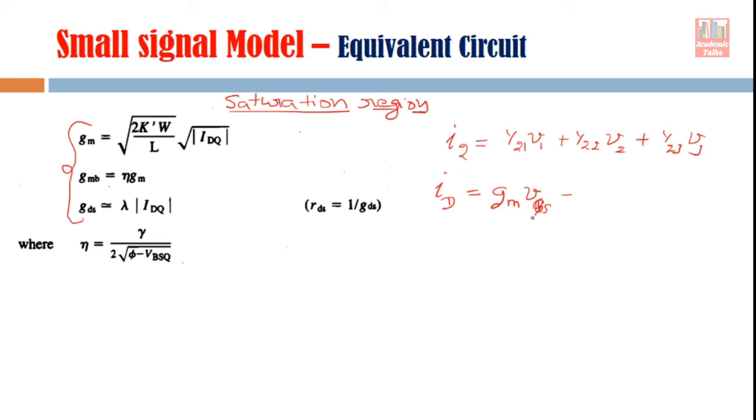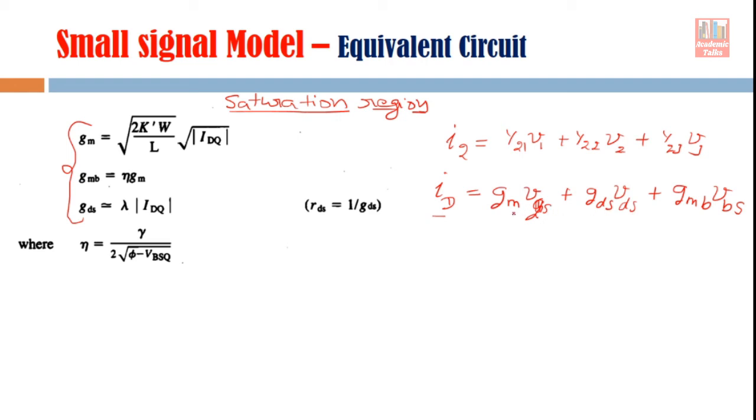Y22 was your GDS, and V2 was your VDS. Y23 was your GMB, and V3 was your bulk source voltage. So the equation of drain current, the AC drain current, is given by this.